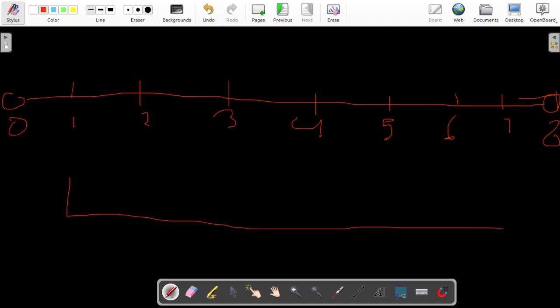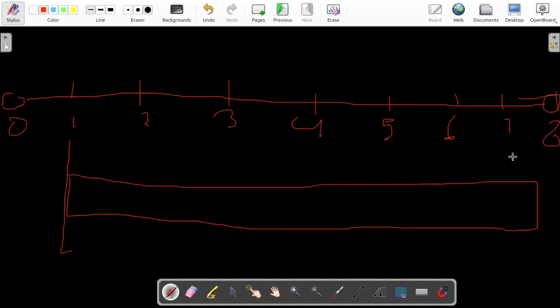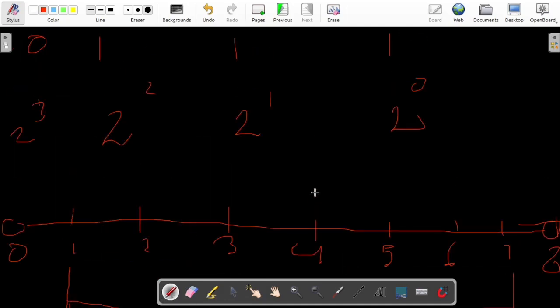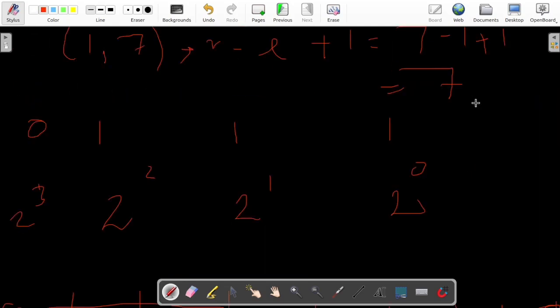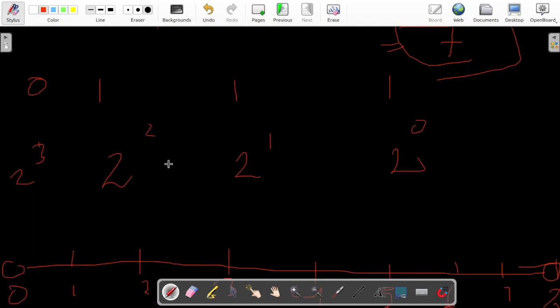And we need to compute the answer for this range, starting from 1, ending at 7. Now tell me, this segment 1 to 7 has length 7. Now this 7 is constructed using powers of 2.